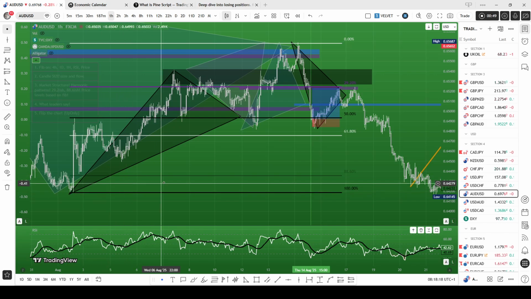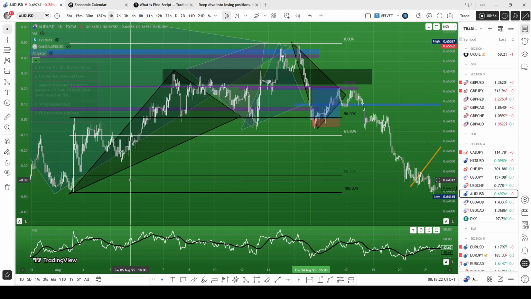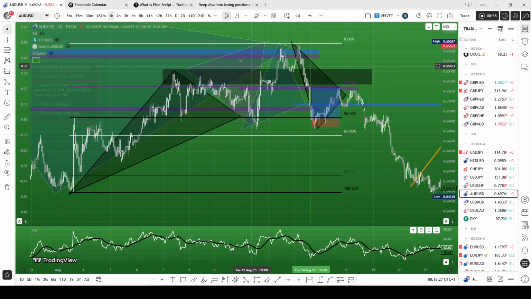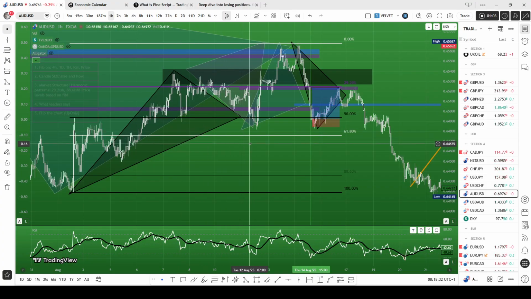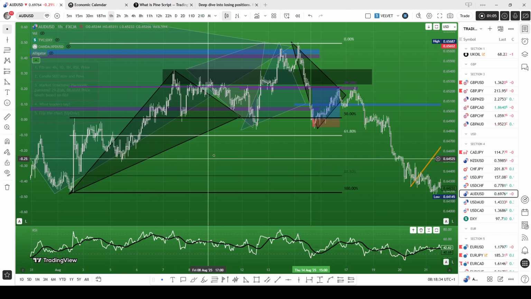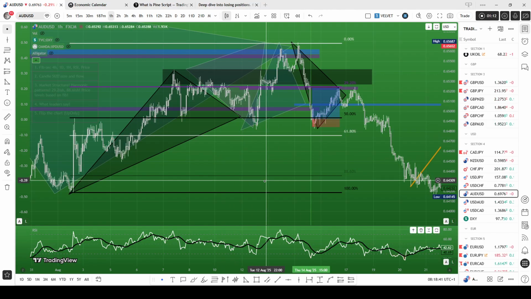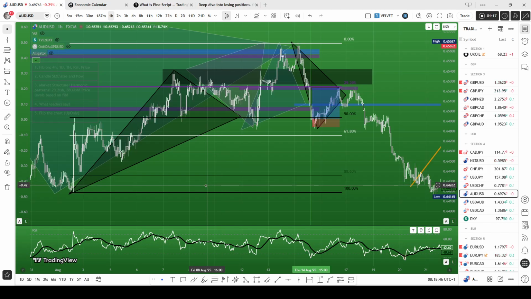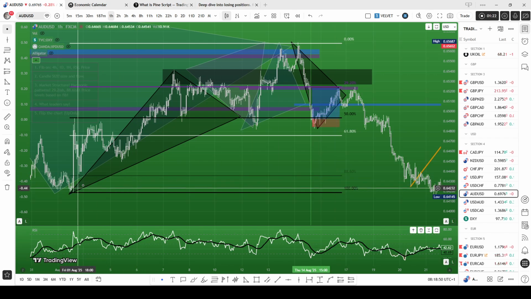So I struggled with fib placement due to looking at the silver market a lot, the gold market, and then flipping the fib retracement, you could actually see that there are some reactions from a wrongly placed fib retracement. So this is quite confusing. It's quite important for you and for me to figure out how to use a fib measurement in the right way. So this is how it is right now.